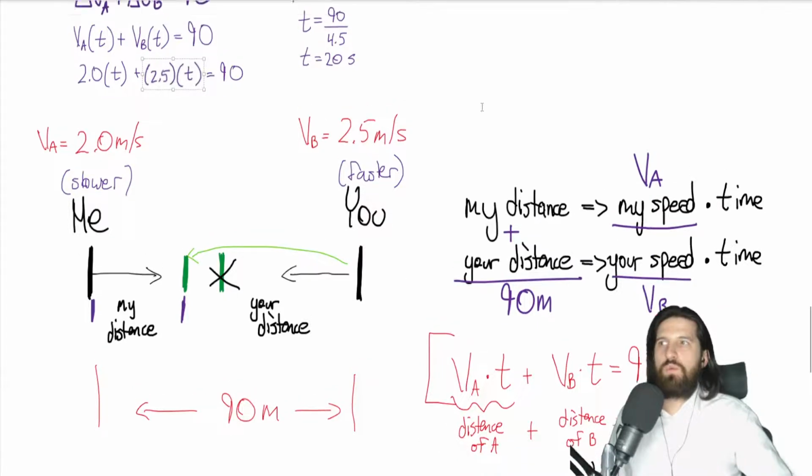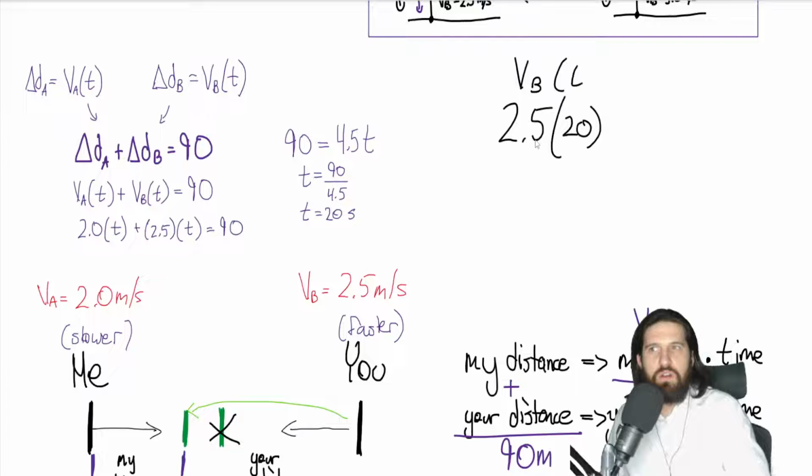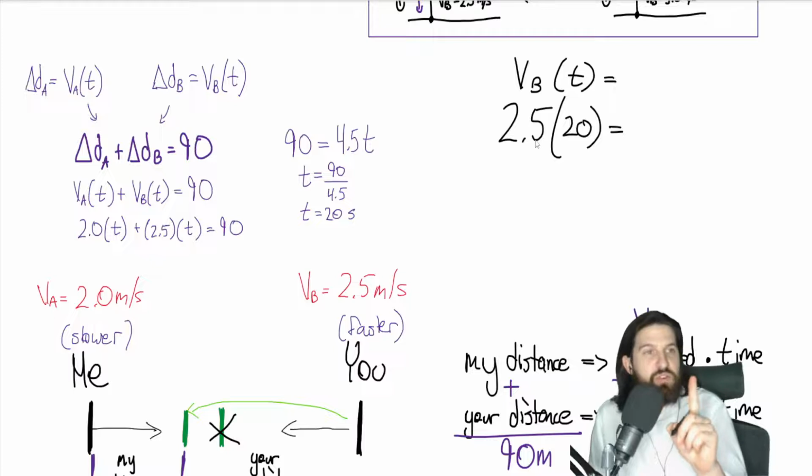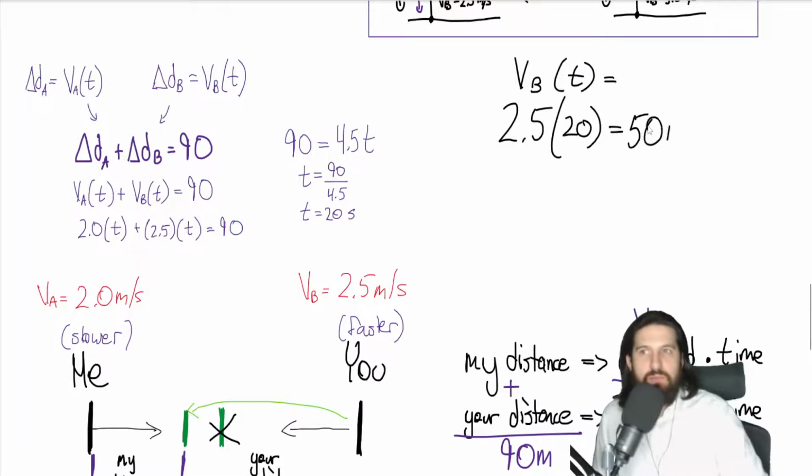Let's check. If we had accidentally done what you wanted to do at first, the 2.5 times the 20 seconds, then it's not 2 but 2.5, and we get 50 meters.